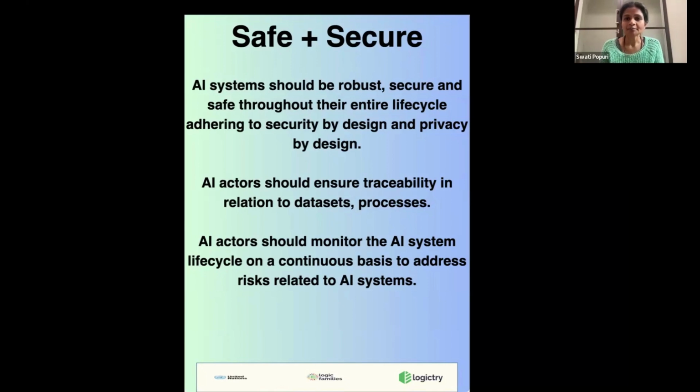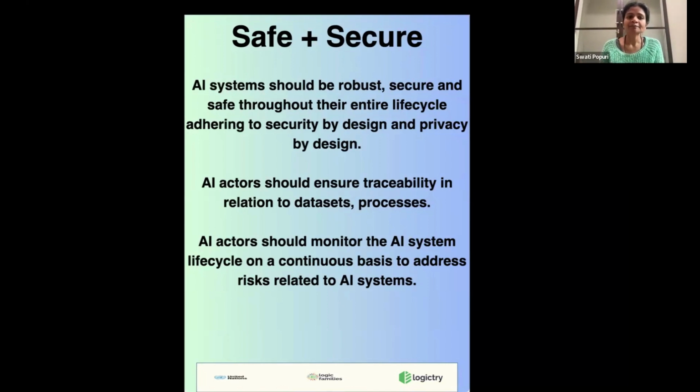Or has this data been purchased from third parties or data brokers, and is that how we are training the model? Or is there a case for synthetic data generation, and how? So it is about getting really clear on the practices involved in the AI development lifecycle, supporting the security by design and privacy by design principles.